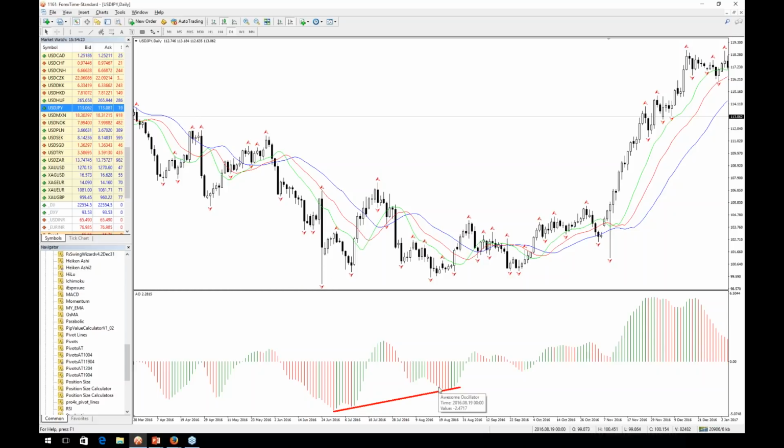Of course, I don't want to spend more time on the divergence today, but because it was mentioned, I get this opportunity to explain it now. So this is a divergence, and I can go one step further, guys, for those of you who are familiar with Elliott wave theory, and say that the deepest low on the awesome oscillator corresponds to the third wave. So this here is the third wave.